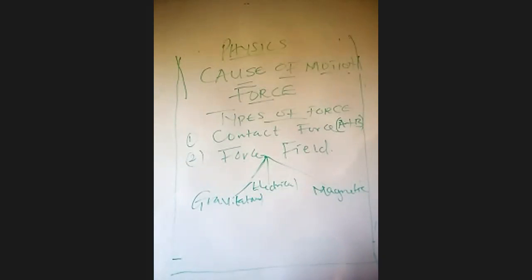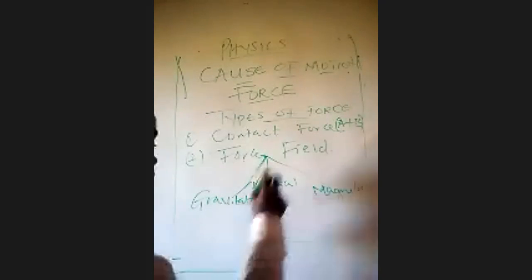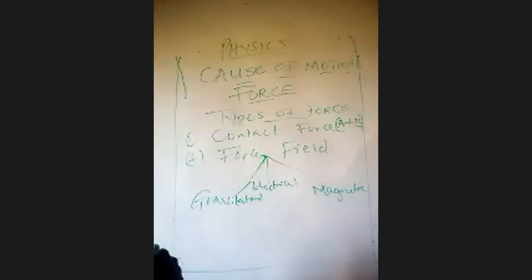Now we talk about electricity or electrostatic force. We just talked about gravitational: when Earth pulls an object to its center, that is gravitational. Now electrical or electrostatic. Electrostatic is the force that exists around charged bodies.